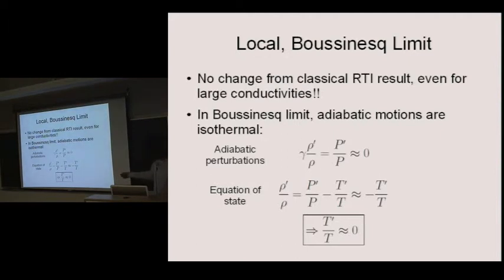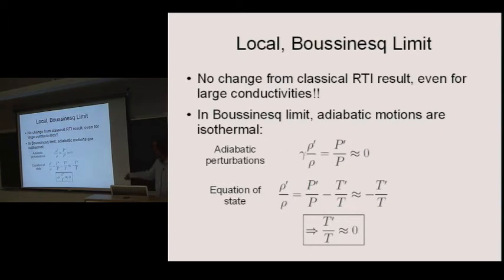So if you're adiabatic, that means that the perturbation of the density is small. But from the equation of state, the perturbation of the density is very close to the perturbation of the temperature. So if this is small, then the perturbation of the temperature must be small.